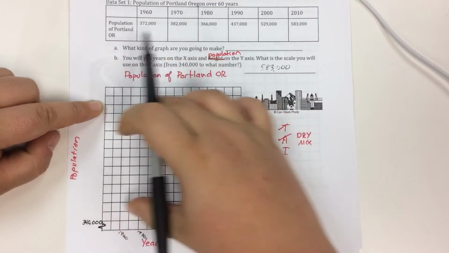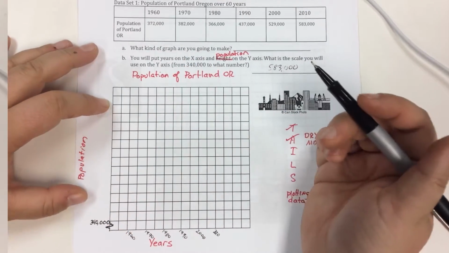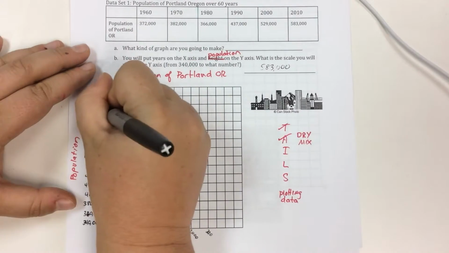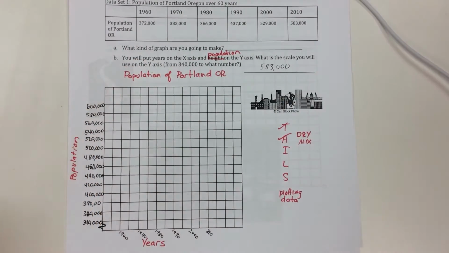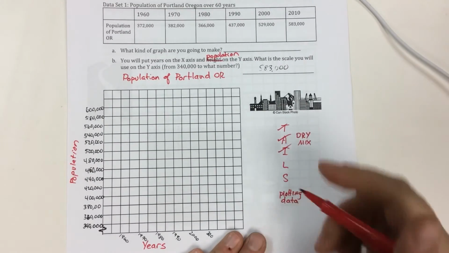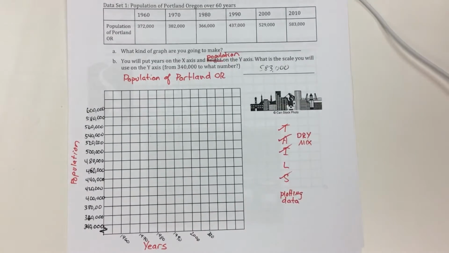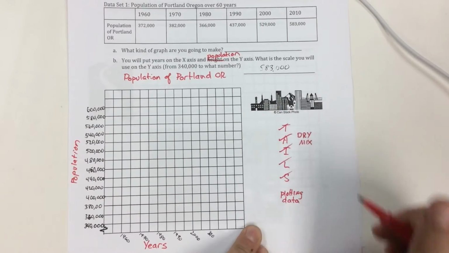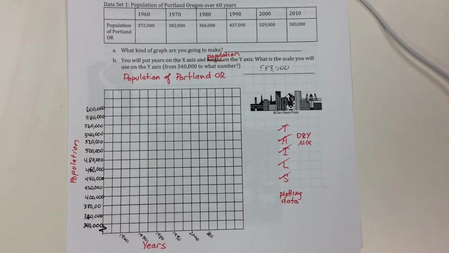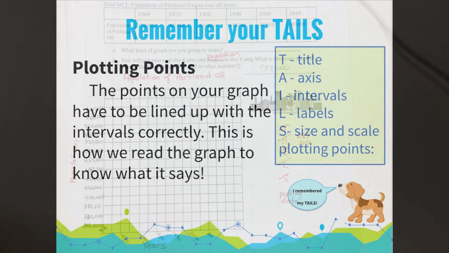Again, it doesn't go all the way to the top, but it fills up the space. That seems pretty good. Okay, so now we've got our intervals and our scale. And when we named our axes, we took care of the labels as well. Great, we're ready to move on to plotting points.